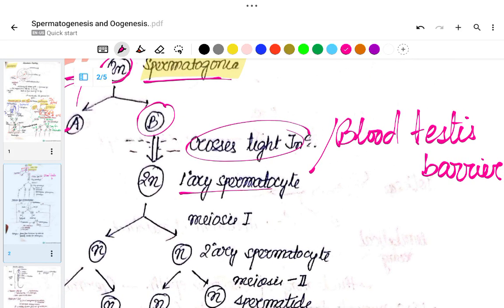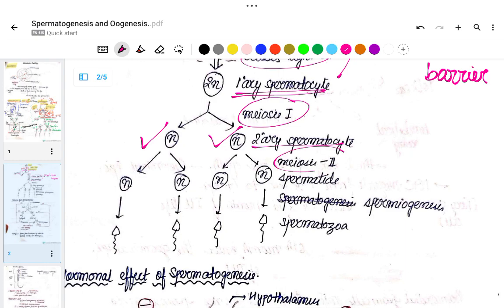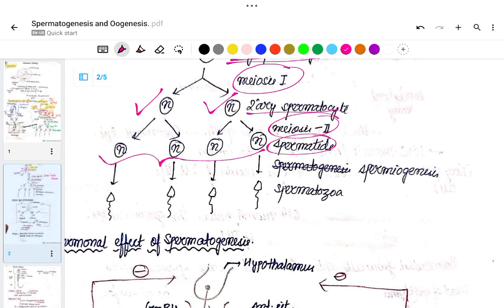Then it comes as primary spermatocyte, does meiosis 1, secondary spermatocyte, meiosis 2. These are the spermatids.